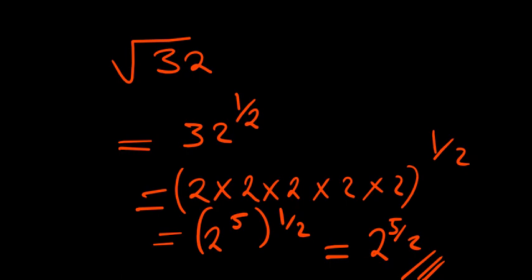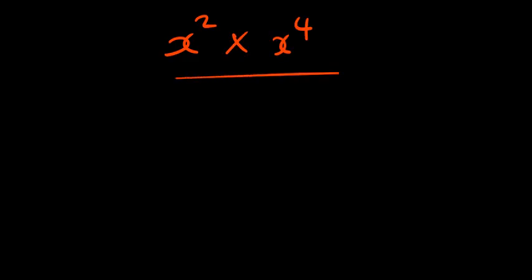Okay, let's solve questions where you're given also x. Let's say x squared multiplied by x to the power 4 over, let's say x to the power 3. So how are you going to solve this one? So on top we are multiplying.